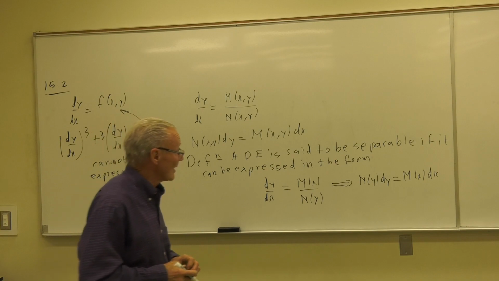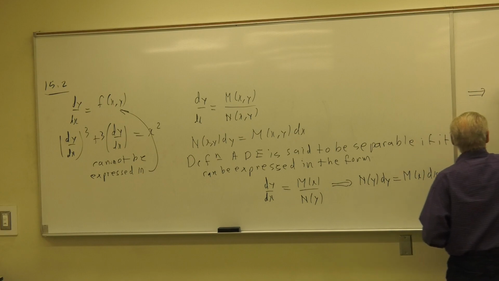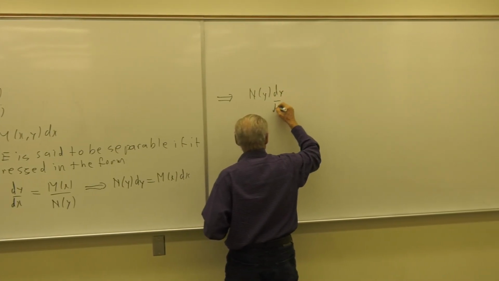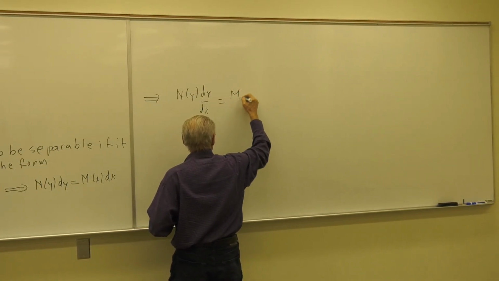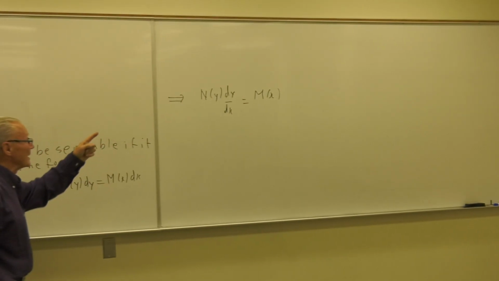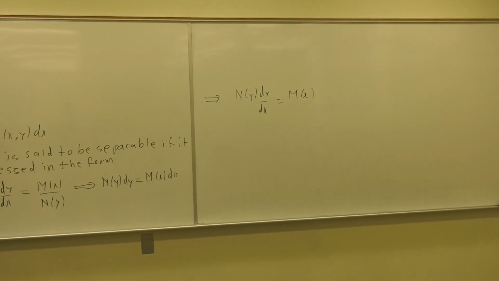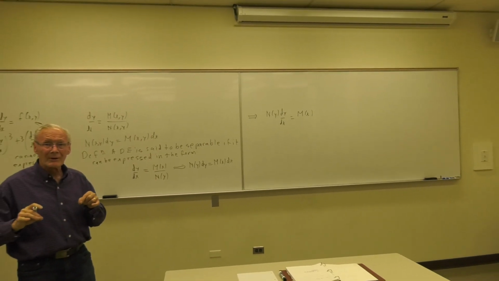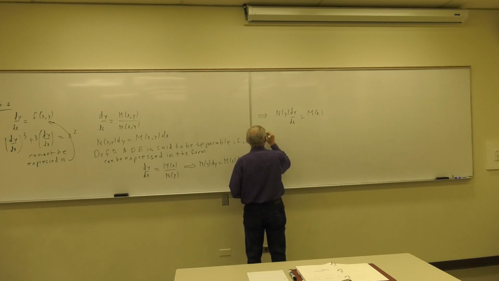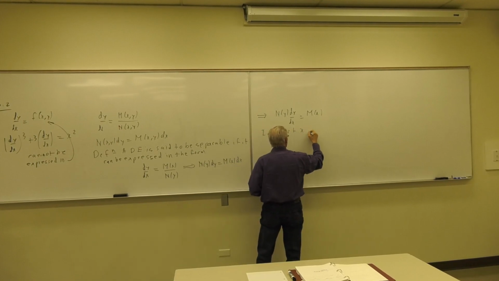Okay? I could also write it, do you agree, in the following fashion. n of y dy/dx is equal to m of x. Take the dx back down where it came from, and write it that way. That's the same thing. It's not separated anymore because I do have some dx's on the left. But suppose I now say, let's integrate with respect to x on both sides.